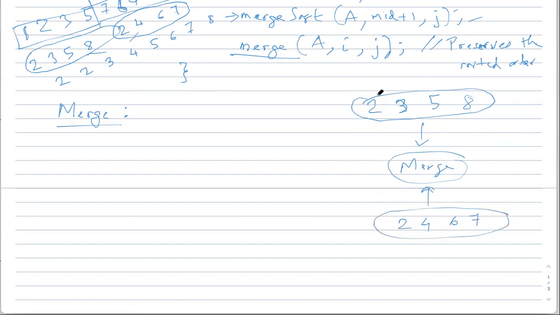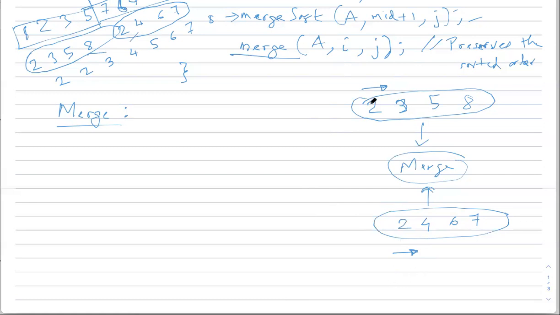What's going to happen is that it keeps moving forward the pointer on this particular list, and likewise keeps moving forward the pointer on this list. Depending on which one is smaller, it keeps placing it inside the auxiliary array.